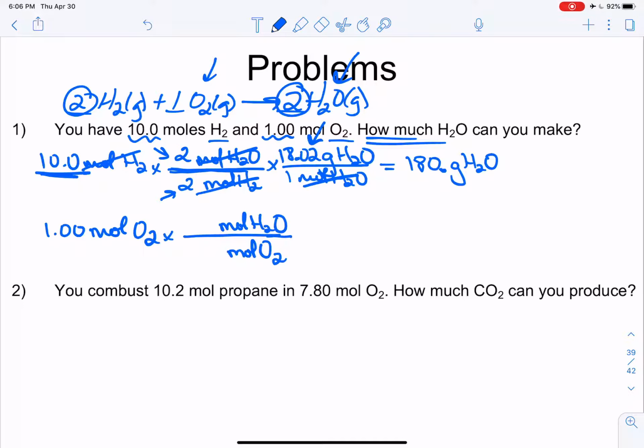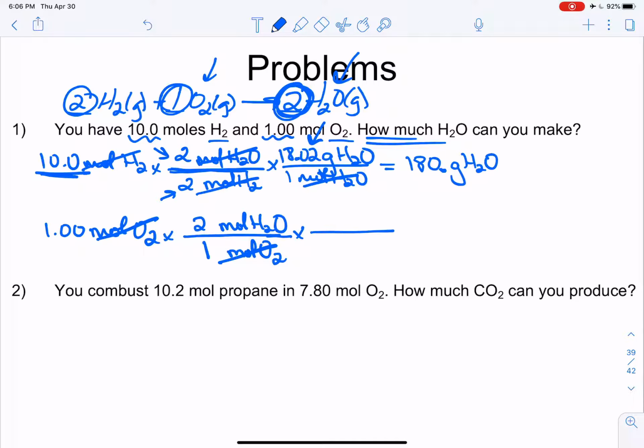And if we look right at the balanced equation, we can see that for every 1 mole of O2, we are going to make 2 moles of water. Again, if moles bugs you, cover it up and say, I need to consume 1 O2 in order to spit out 2 H2Os. And that means that we have canceled out our moles of O2.